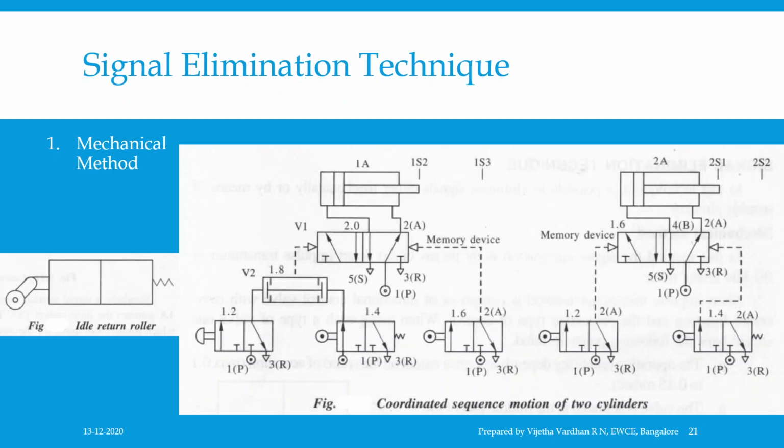The extension of cylinder 1A actuates the limit switch 1S3. Cylinder 2A extends and actuates the limit switch 2S2, which triggers the signal for the immediate retracting of the cylinder. If the limit switch 1S3 is still switched at this point, two signals are applied simultaneously at the double pilot valve V1 and the valve cannot switch over.